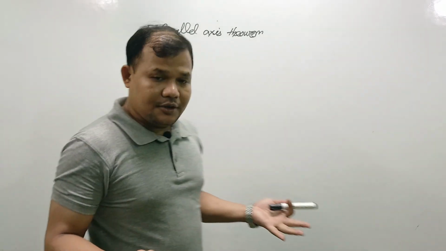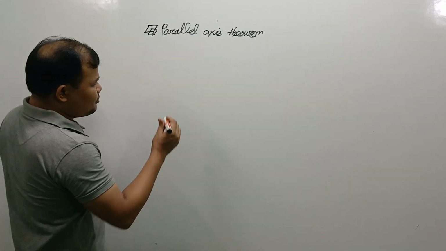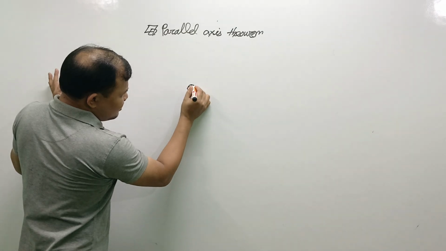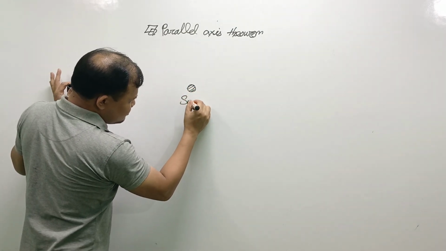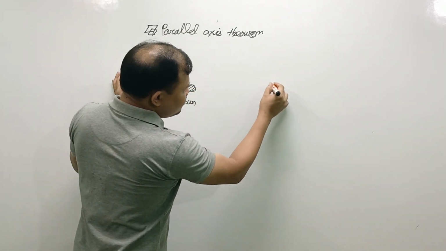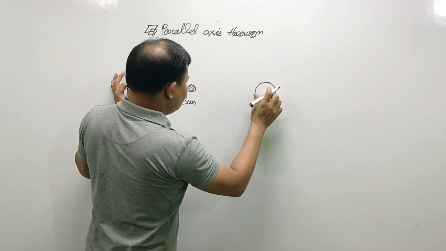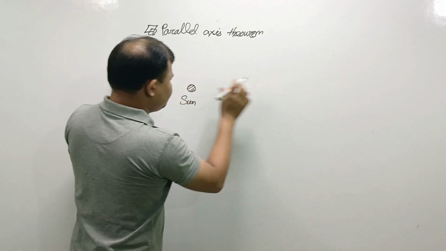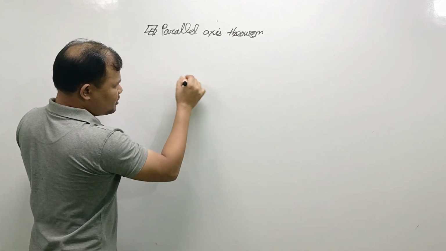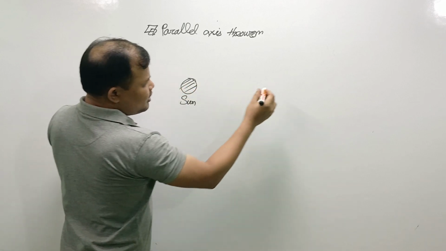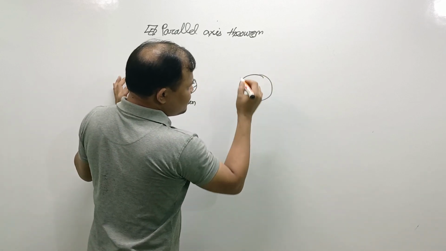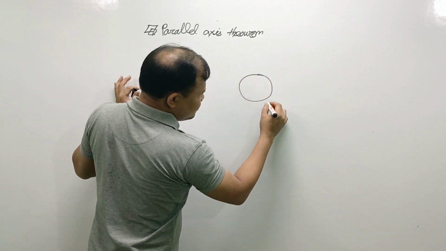What is this theorem? Suppose here is the sun. This is the sun, and all of us know that this is the earth. We draw the sun big. This is the sun and this is the earth.